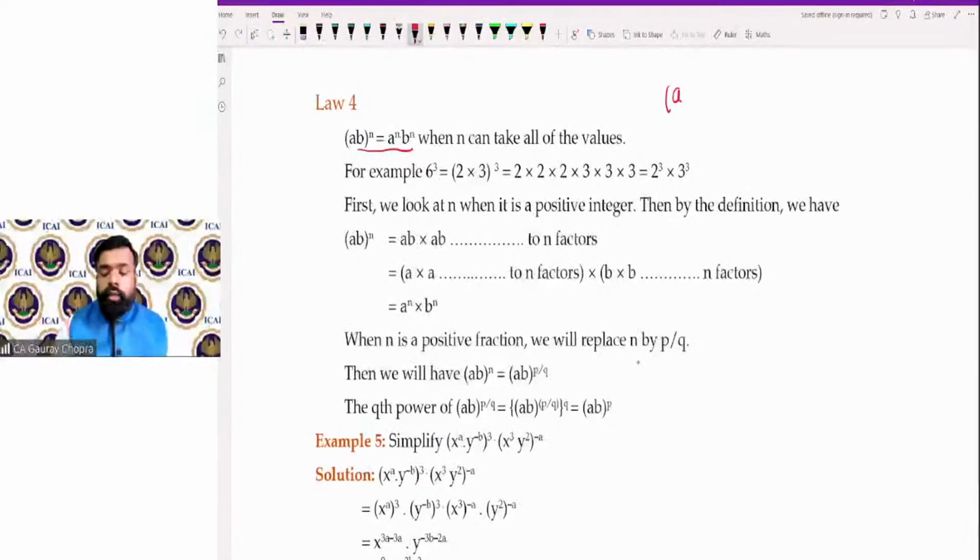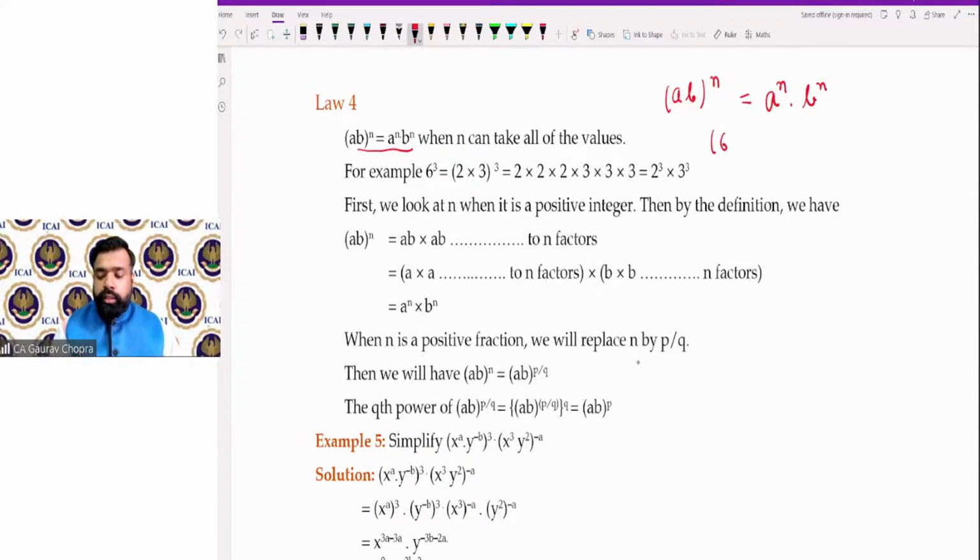So A into B whole to the power of n. So the power of n applies on both A to the power of n as well as B to the power of n. So this power n applies on both of them, A as well as B. Okay.